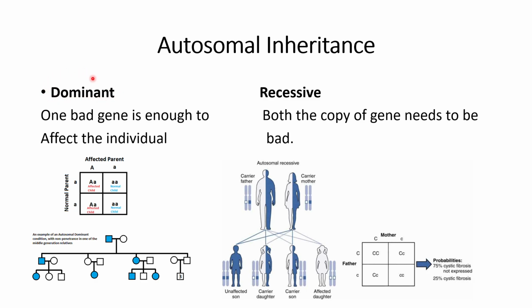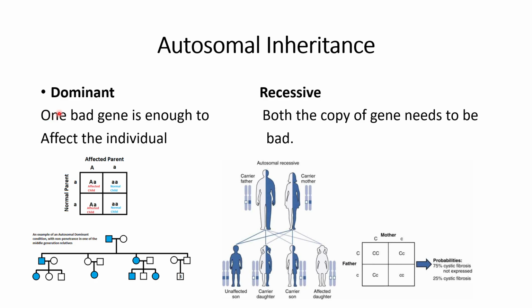In autosomal dominant inheritance, one gene is enough to show the trait or to affect the individual. In the normal case, one gene from the father and one gene from the mother are inherited by their daughter or son.